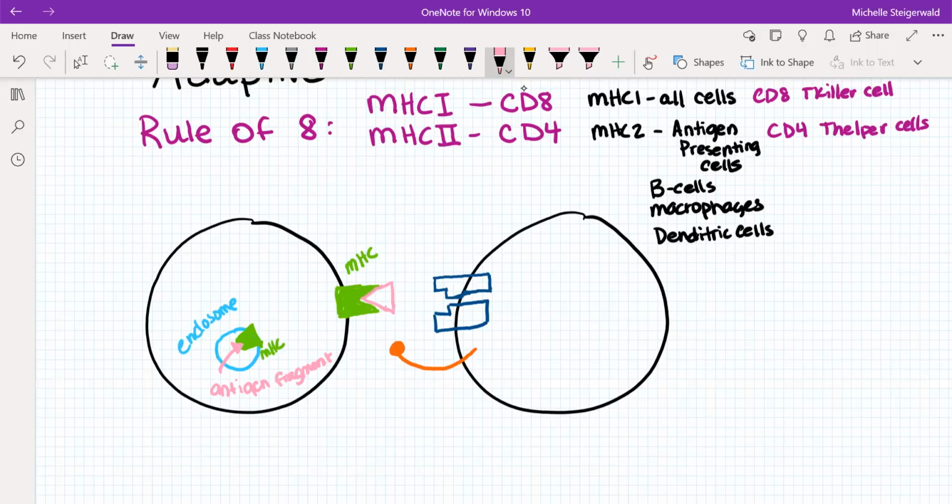So now you've got your fragment out here being waved around, showing everybody else, hey, look at what I got. Anybody recognize this? Now you're going to have specific cells that can check this out, other professional immune cells, but only certain cells can interact with other cells. And so we have these CD proteins.